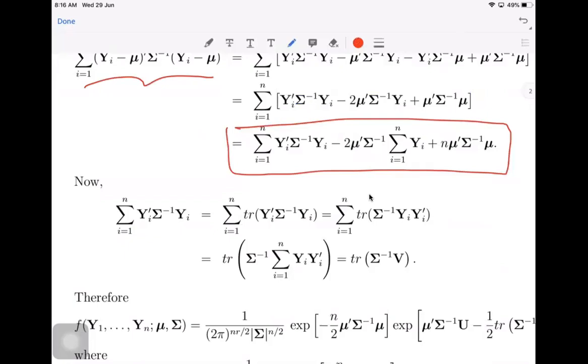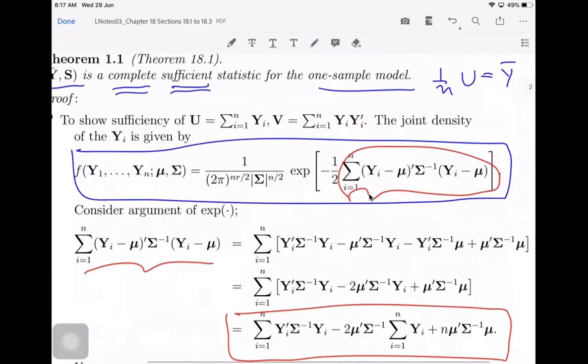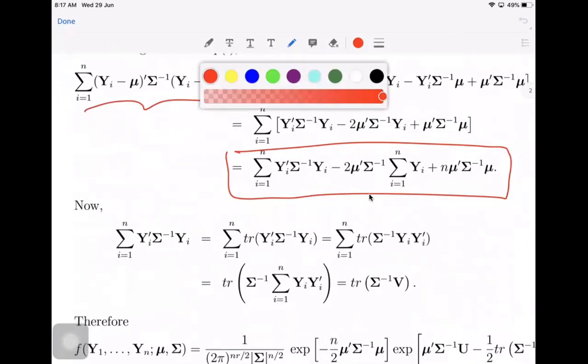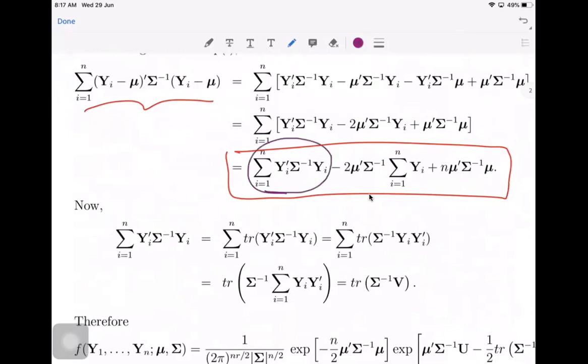And then next, we try to look at this term, which is this one. We can insert the trace term here because this term here will be a 1-by-1 matrix, no? So without trace or with trace, they are equivalent because it's a 1-by-1 matrix.